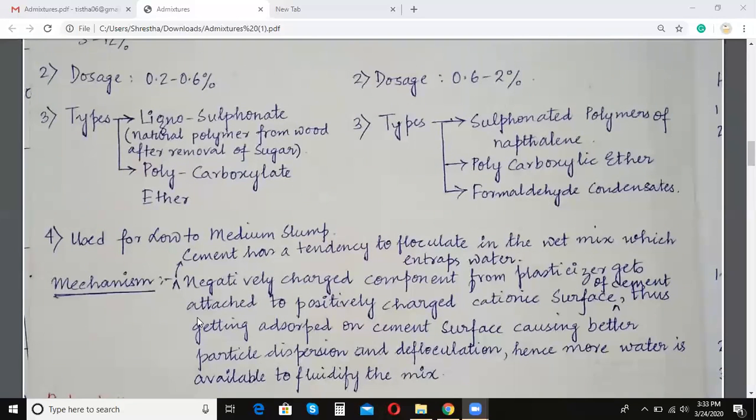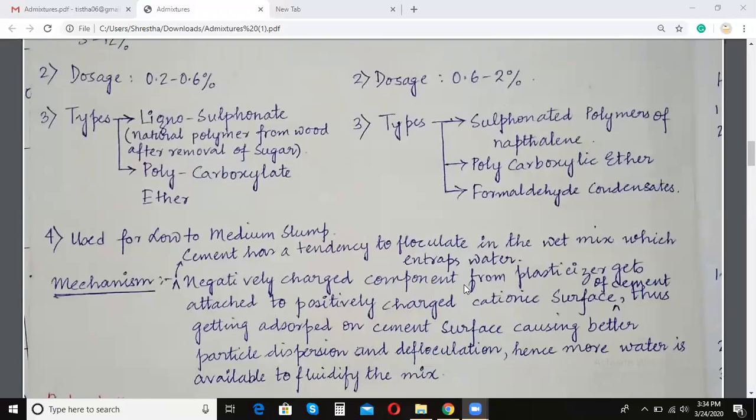Okay, so the plasticizers have certain negatively charged components inside them, and they get attracted to the positively charged components of cement, thus getting adsorbed on the cement surface, causing better particle dispersion and deflocculation. Hence, more water is available to fluidify or liquidify the mix.